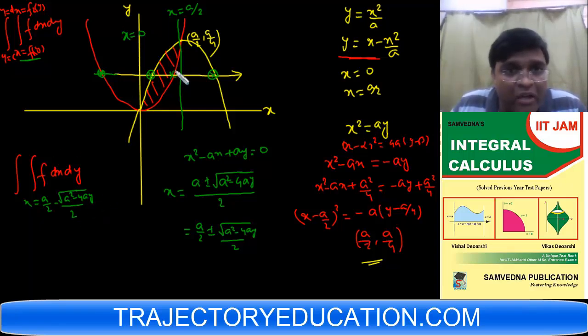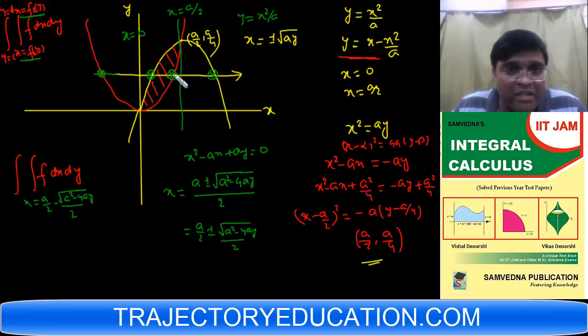And what is the upper limit? See, it intersects the bounding curve over here also. So you have to write the equation of this curve in this format, x as an explicit function of y. The equation of this curve is y equal to x square by a. So we get x equals plus minus root ay.